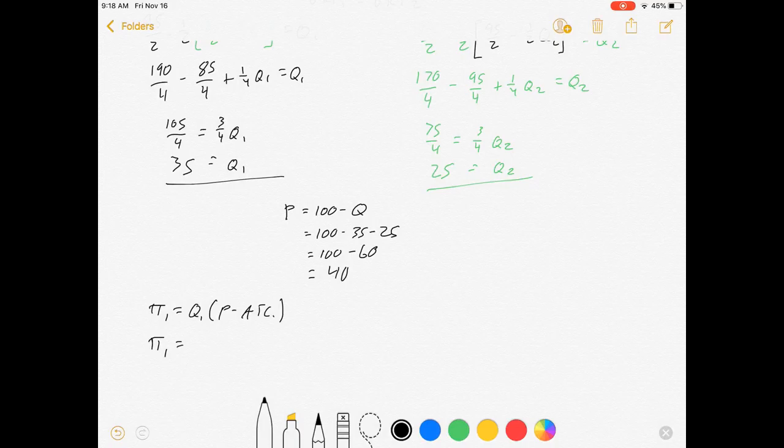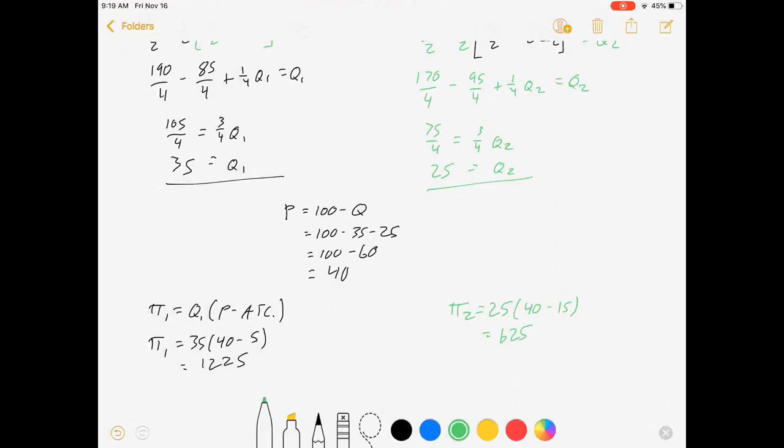So profit for firm 1 is 35 times 40 minus 5, which is 1225. Profit for firm 2 is equal to 25 times 40 minus their average total cost, 15, and that's going to come out to be 625.